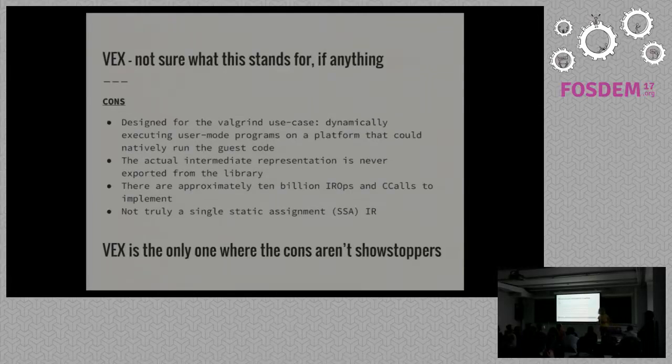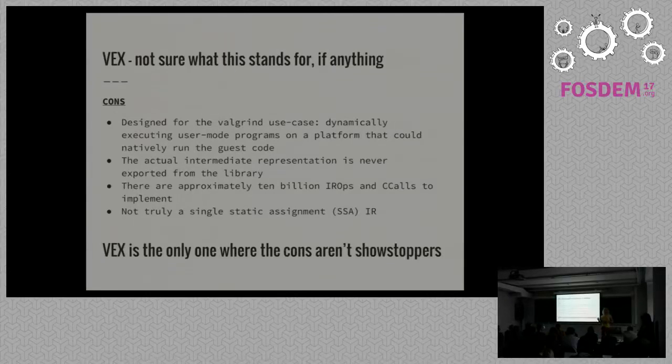Furthermore, you do have to implement a billion IROPS and C calls, and some of them are pretty weird. Like there's IROPS for floating point, sine and cosine, etc. And furthermore, it's not really SSA. Julian talked about this in the previous talk as well. The IR has no interconnectivity of control flow.